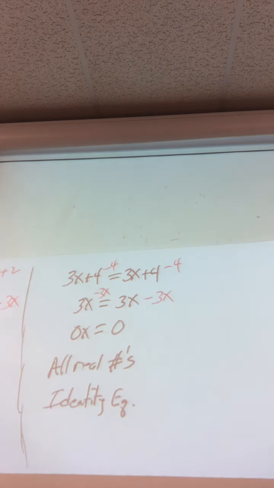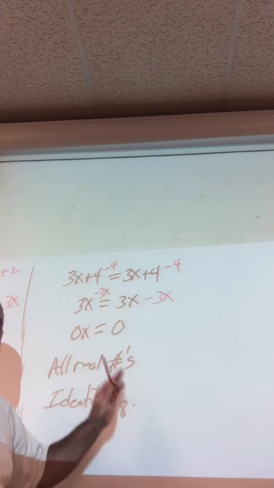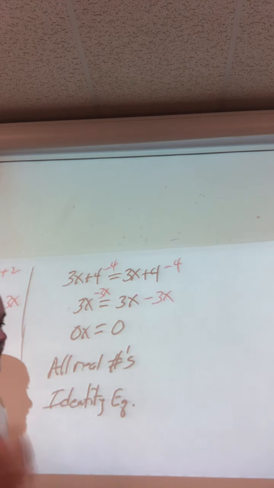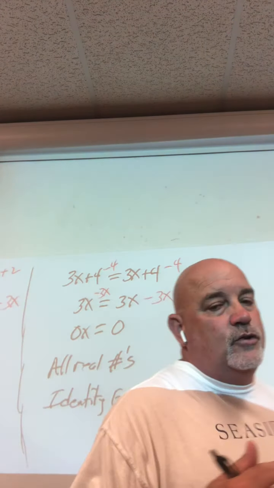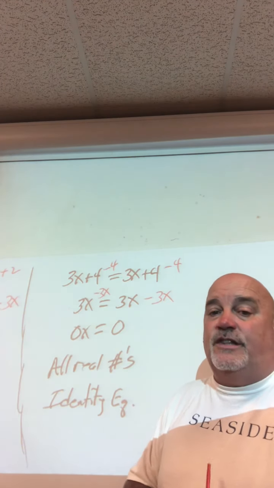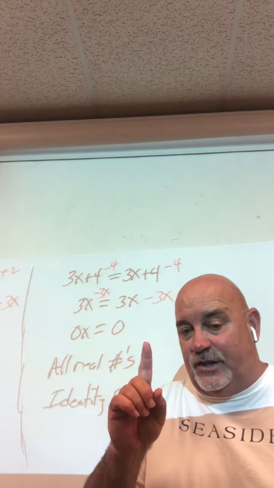Now, in all of the other problems we've worked up until this point, neither one of these happened. All the other problems that we work, those are what we call conditional equations. In other words, they're only true under one condition. This one is true under all conditions.